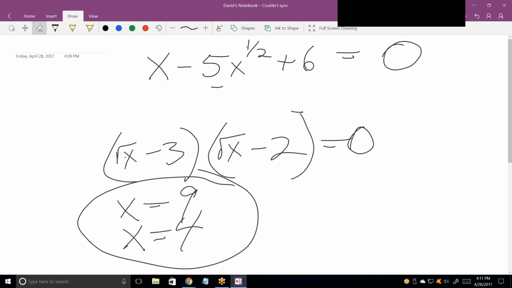And the other solution is 4 minus 5 times 2 plus 6, which also equals 0. So both solutions are valid.